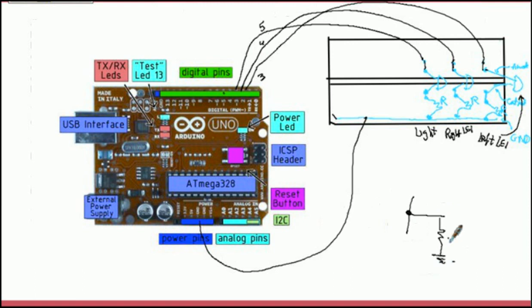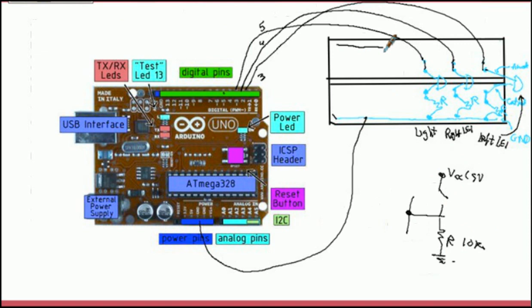So this is my resistor to ground, say like 10K or so, and my switch, which is normally open, to VCC, 5 volt.